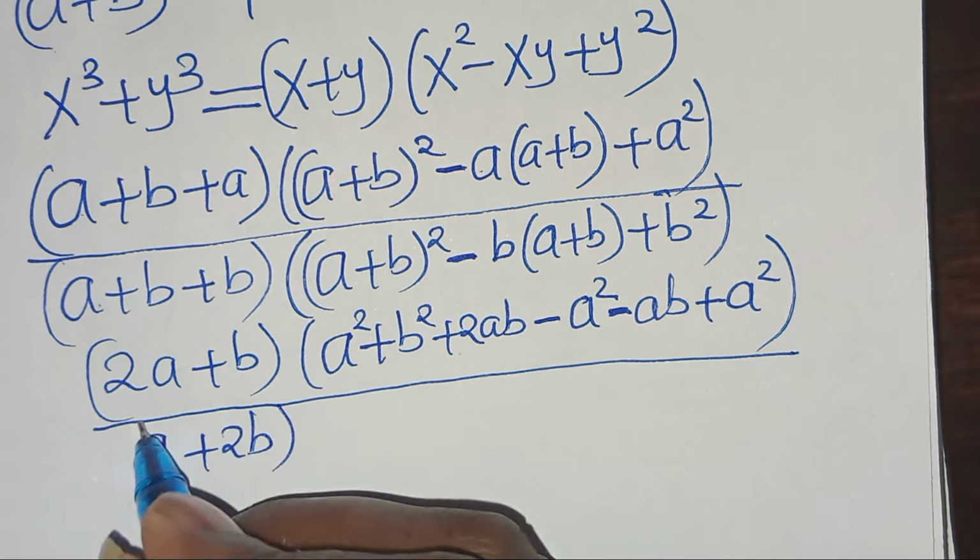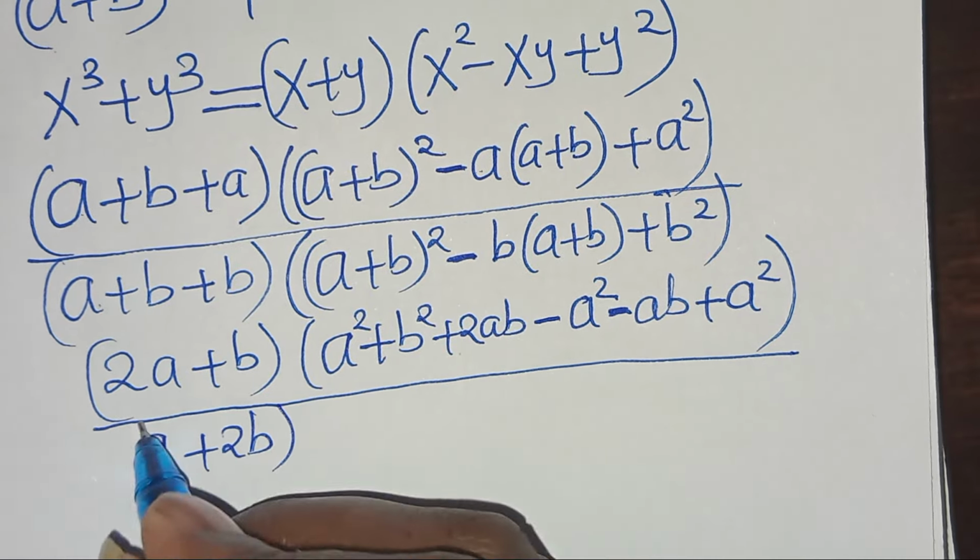Now, in the numerator part here, we have 2a plus b. And then here, if we check, we have a squared minus a squared. This simplifies. So that now we have a squared plus b squared. Now we have 2ab minus ab.